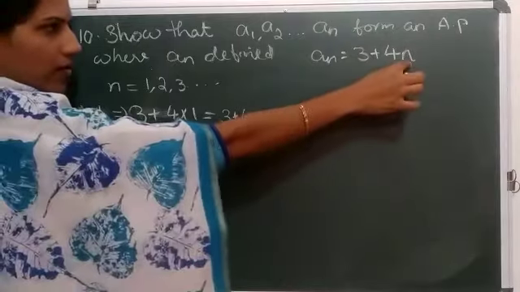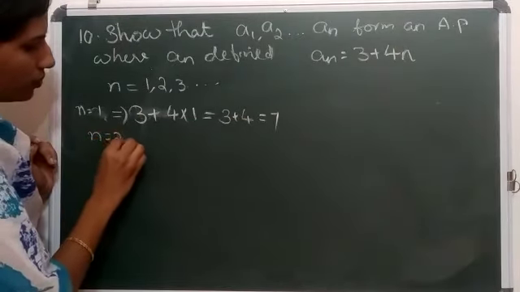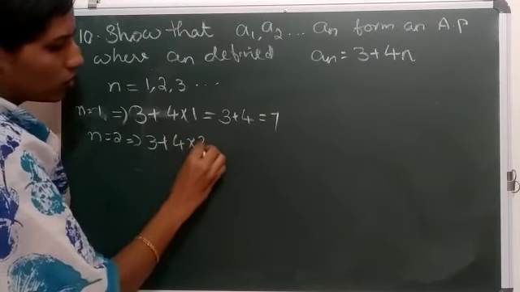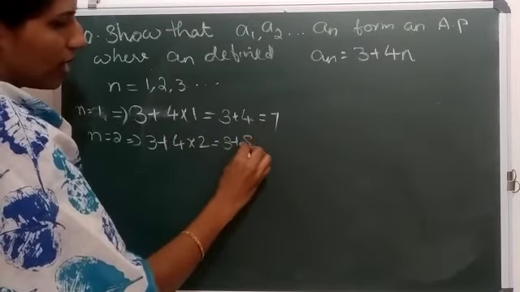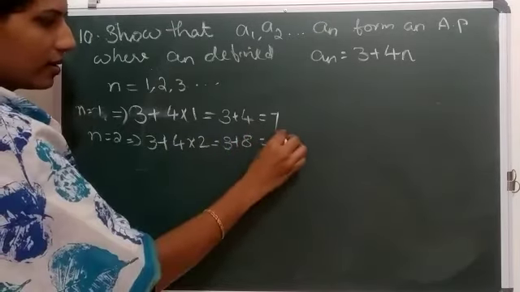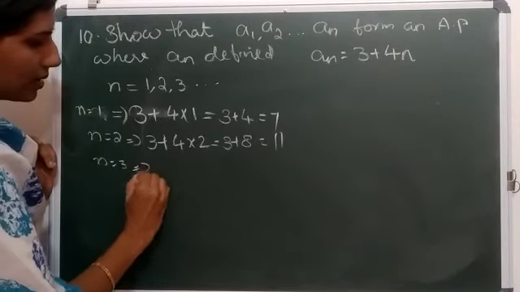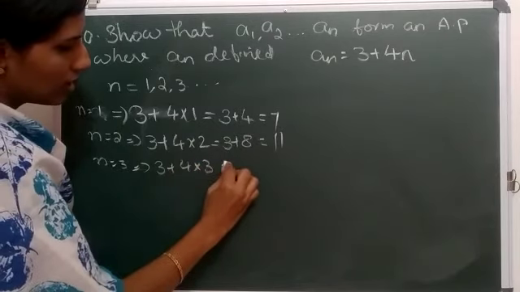Instead of n we are applying the value 1. Now when n equal to 2, 3 plus 4 into 2, we will get 3 plus 8 equal to 11. For n equal to 3, 3 plus 4 into 3 is 3 plus 12 equal to 15.